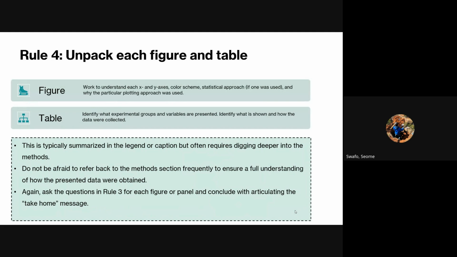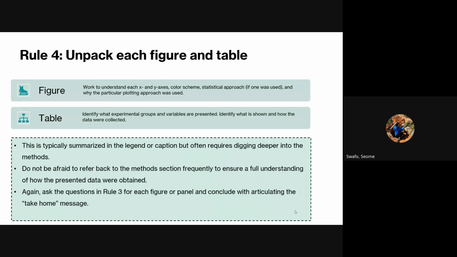Tables are not just there for you to say this table shows mean letters and then a mean standard error and that's it. No, you have to understand the table in such a way that if there is something wrong with it, you will pick it up and maybe realize that the authors are misleading us here, or maybe you don't understand. You need to go back and try to understand the figure and the table.